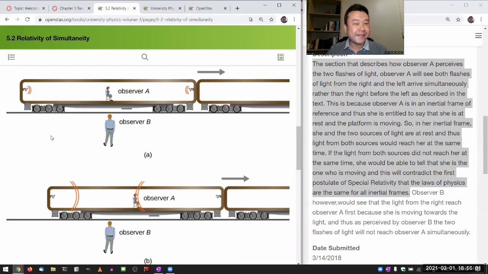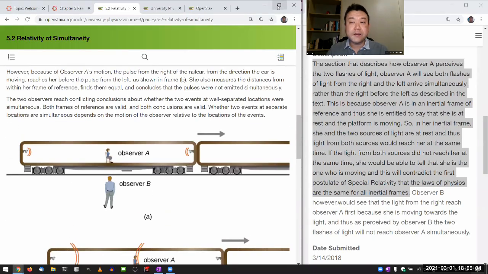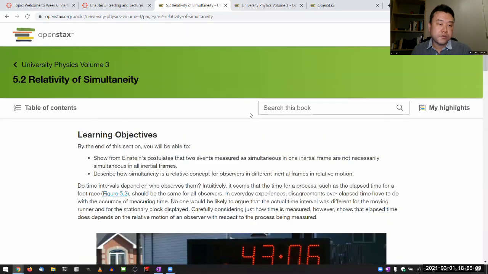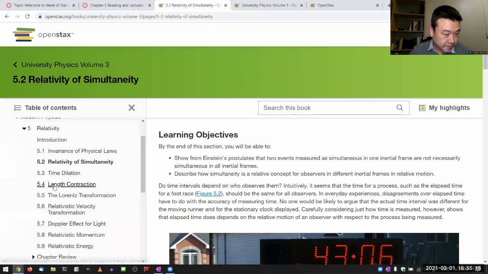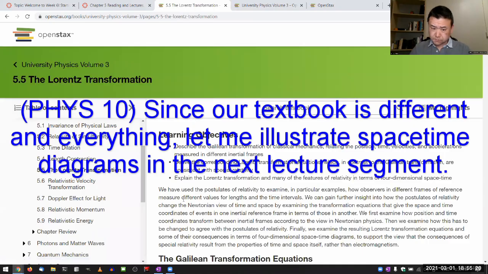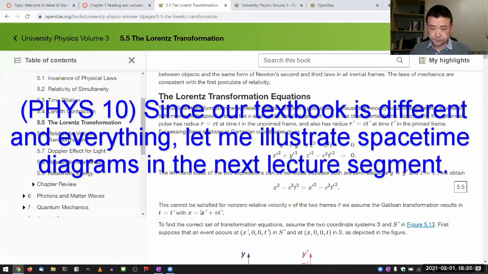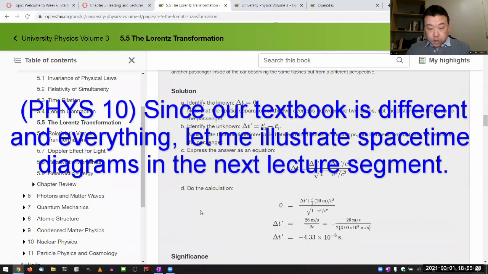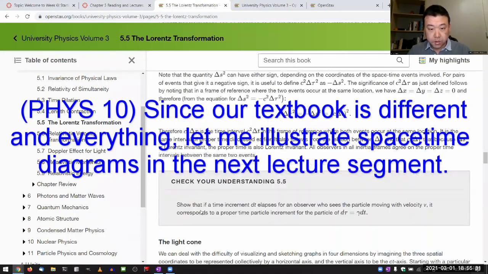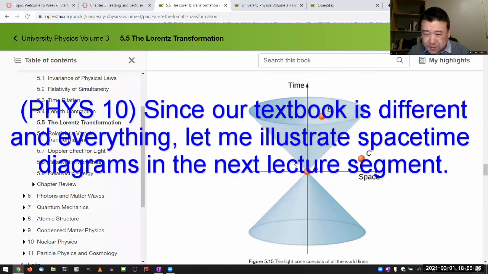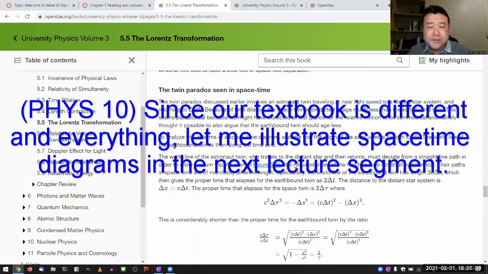To me, the moment when special relativity made sense was when I learned to use something called a space-time diagram. It's a tool that is introduced in your textbook. I forget which section exactly. It might be section 5.5. You will see me use this tool of space-time diagram much more extensively than your textbook does. This is an example of a space-time diagram.